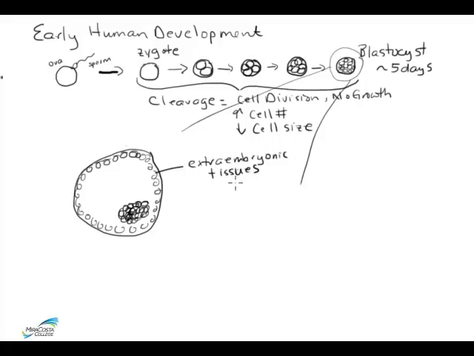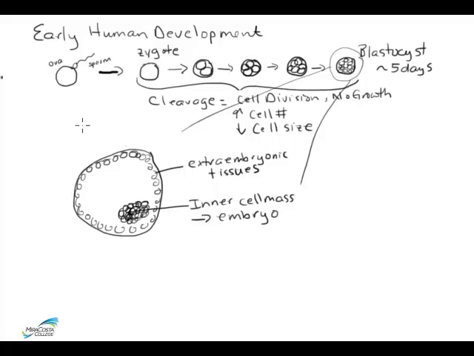So these are tissues that are important for supporting the pregnancy, providing nutrition and gas exchange for the growing embryo and fetus. Things like the placenta, right? So that would be extra-embryonic tissues. Whereas this little ball of cells in the interior, what's referred to as the inner cell mass, these cells are actually going to form the embryo itself.